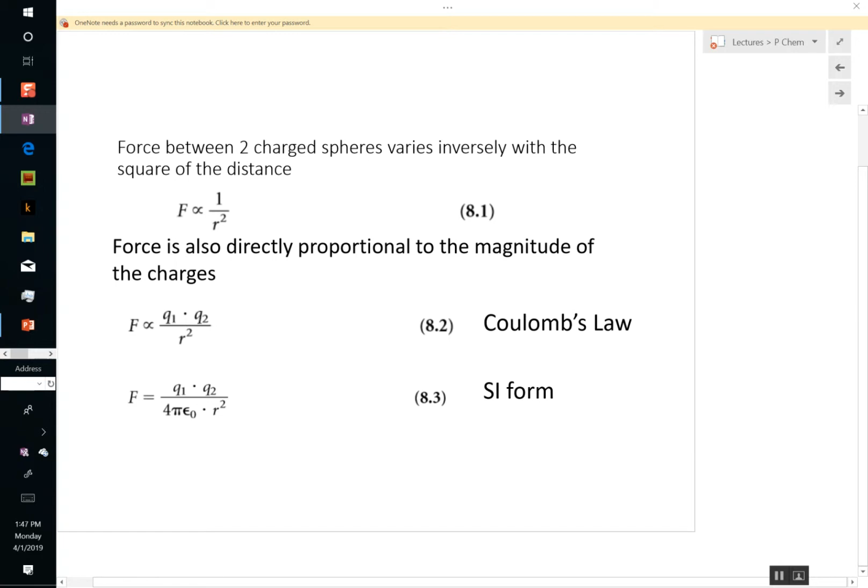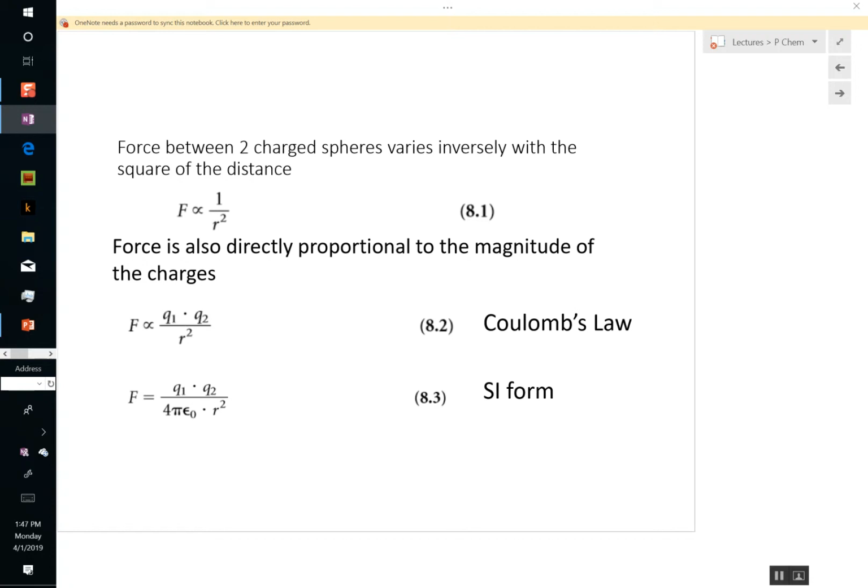Okay, and just starting out, in electrochemistry we're going to be seeing the movement of charged particles. So, what is the force between them? If you just had 2 charged spheres, didn't even think of electrons and protons, just two things that had charge on them, the force would be inversely proportional to the square of the distance between them.